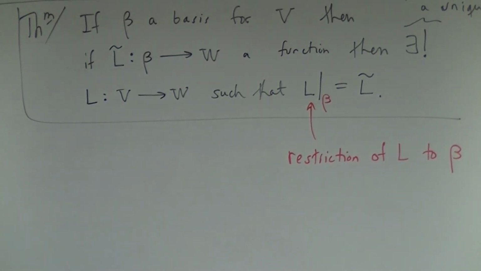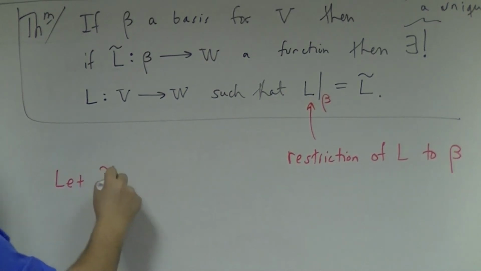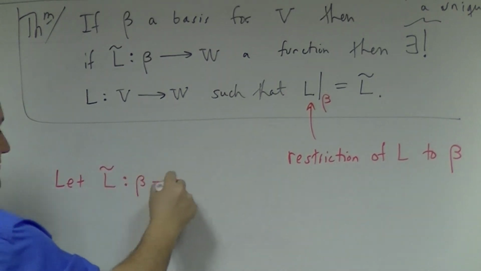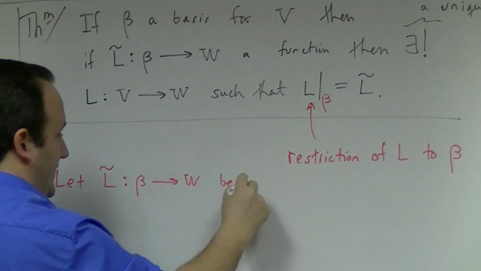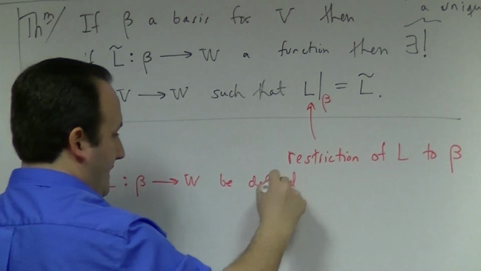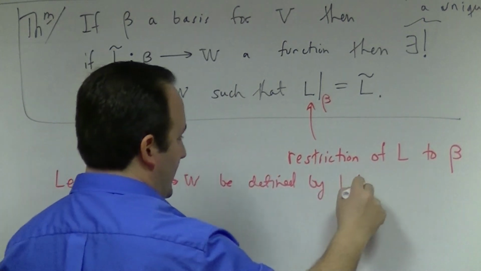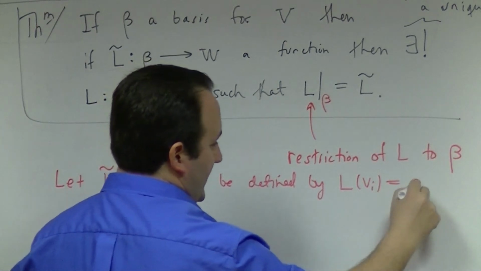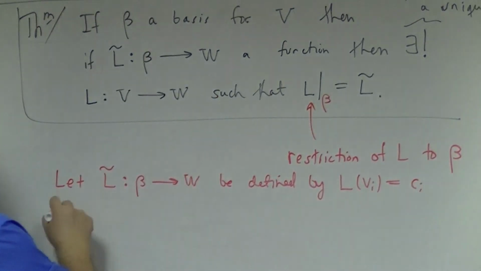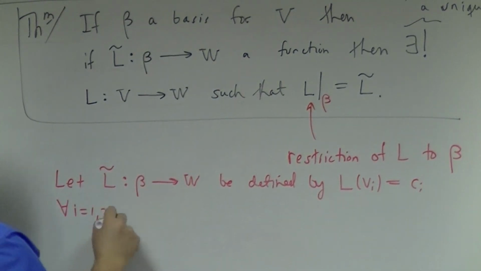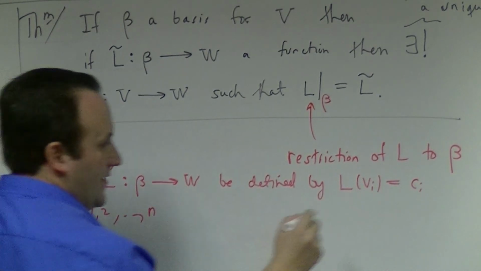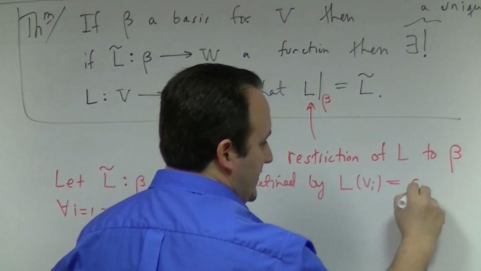So let L tilde from beta to W be defined by L tilde of vi equal to ci for all i equals 1 to n, all right? And these ci are just numbers.